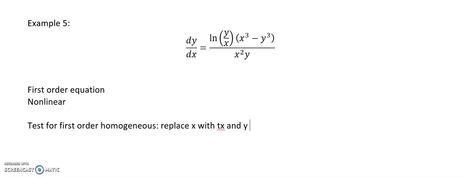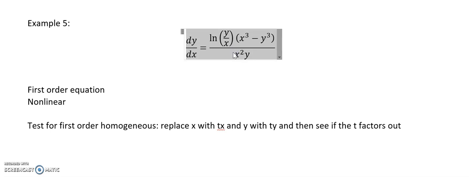And so in order to test whether this equation is homogeneous or not, we actually have to do a test. And the test is replace x with tx and y with ty, and then see if the t factors out. So in this case, I'm just going to copy my equation.